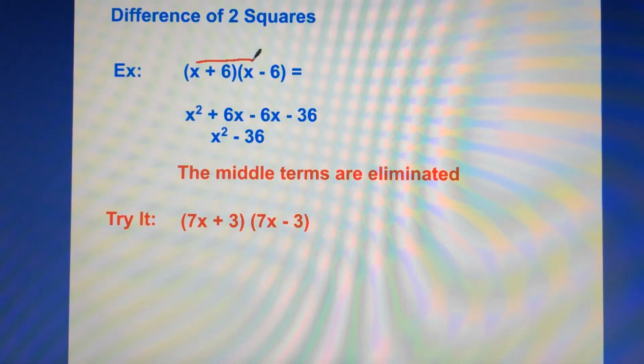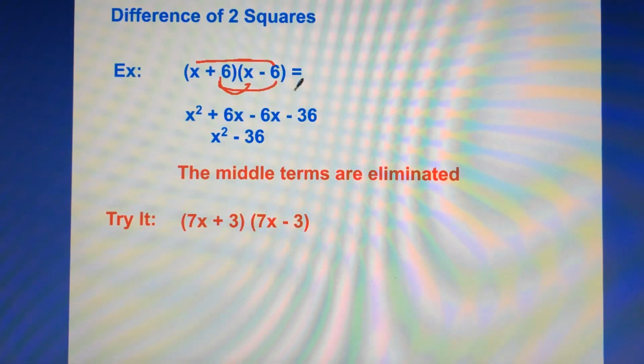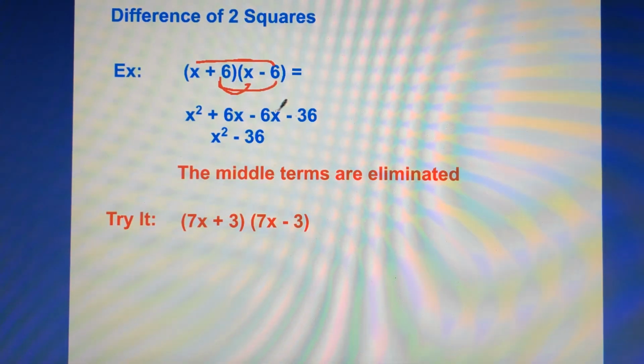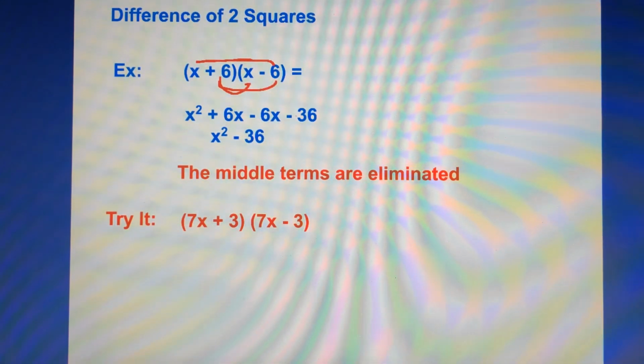You're still doing x times x, x times negative 6. Look at those middle terms. They are identical, but they are inverses because one was positive and one was negative.